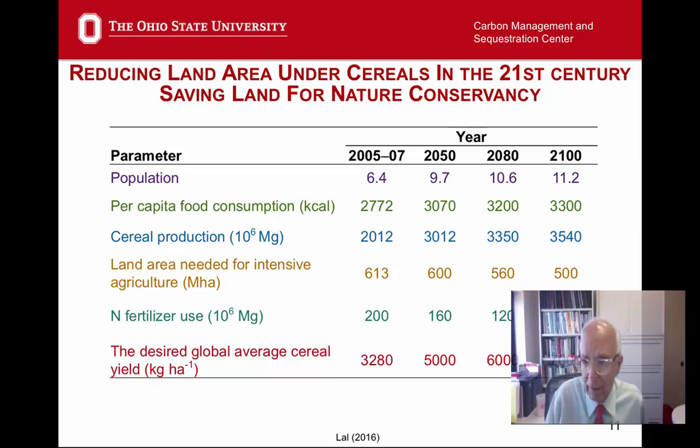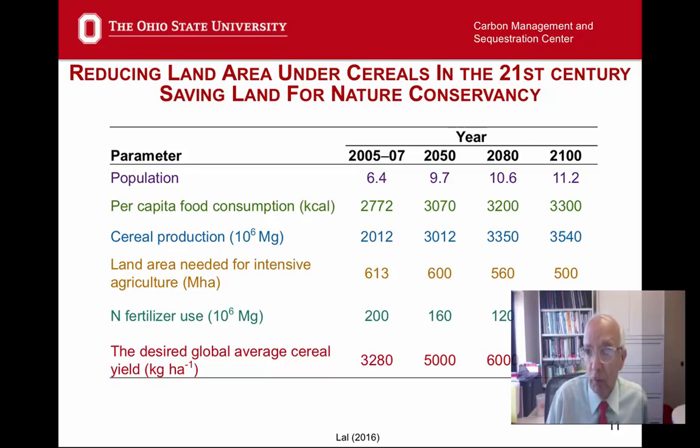The general feeling is that we need more land and more water resources. I would like to propose that we have enough allocation of land and water resources, and the increasing demand and caloric needs of the population, from about 2,700 in 2005-7 to 3,017 in 2050, 3,200 in 2080, and 3,300 in 2100, can indeed be met from lower land resources than currently allocated.